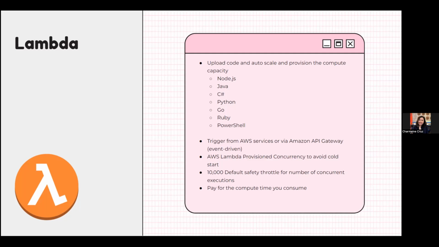It can be triggered by different AWS services or ang madalas ginagamit is API Gateway. And then AWS Lambda provision concurrency to avoid cold start. Other previous would be 10,000 default safety throttle for number of concurrent execution. And you pay for the compute time you consume. So once na running lang siya, dun lang siya nag-run ng cost.